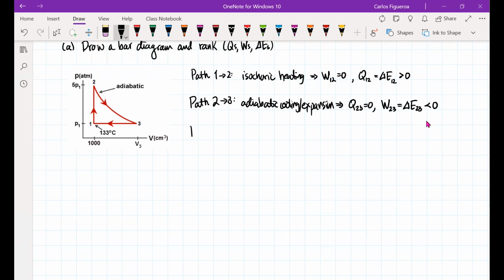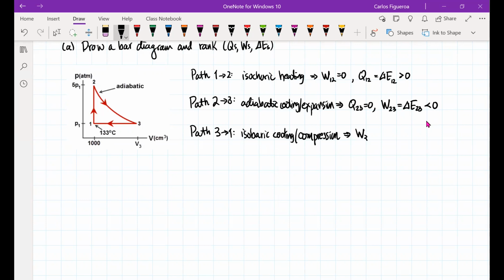And then finally, we have the last leg of the cycle, 3 to 1. Here we see that this is an isobaric cooling/compression. So when the piston head compresses, it's doing work on the gases and it increases their kinetic energy.